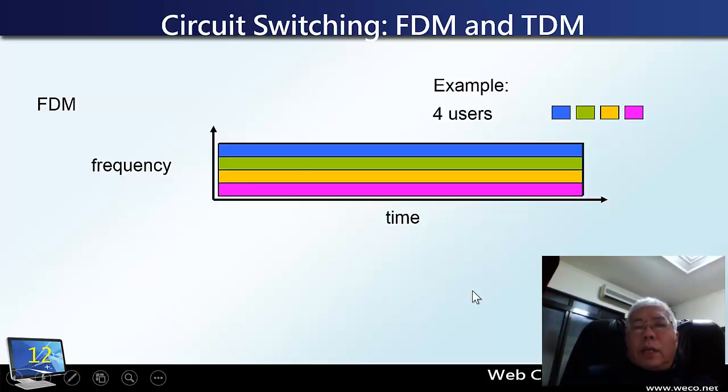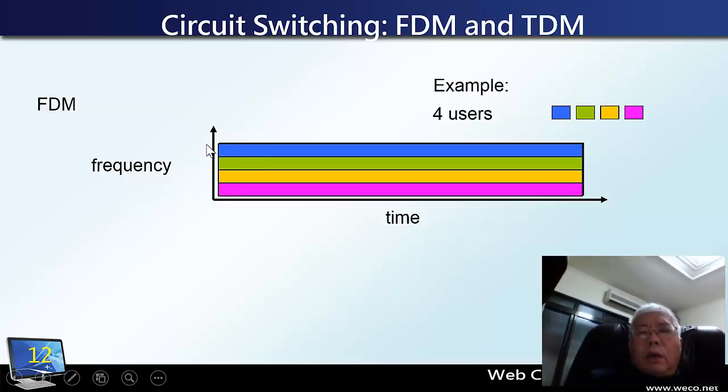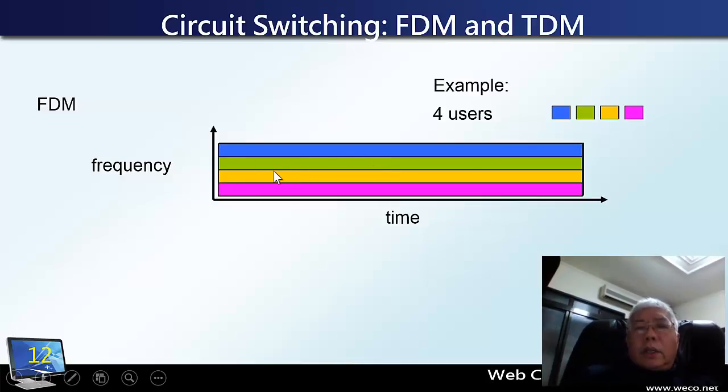Physically it is one line, but like our radio, right? Radio station or TV station, one line, but there are many different frequencies. Each frequency band is for one user and one station that takes this bandwidth. So that's called frequency division multiplexing.